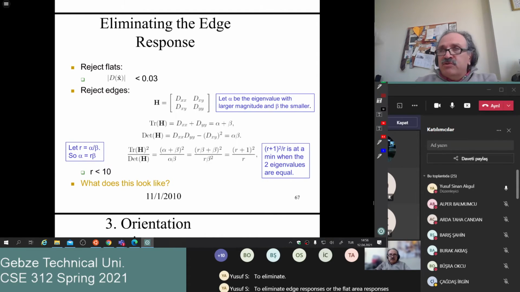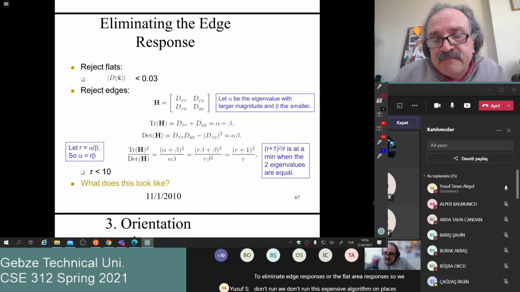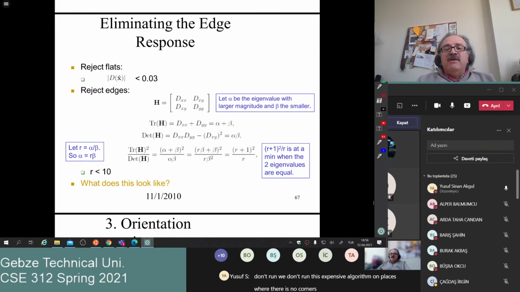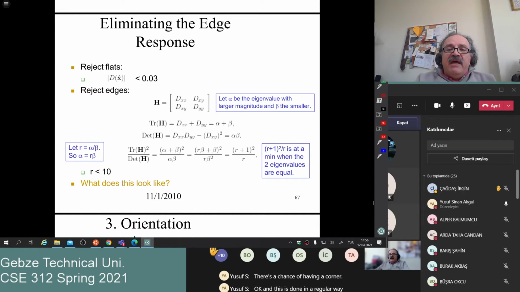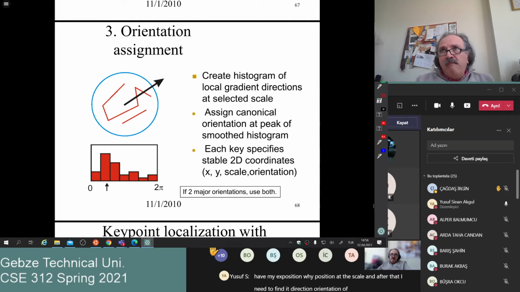So we don't run this expensive algorithm on places where there are no corners. We run this only at places where there is a chance of having a corner, and this is done in a regular way. So at this point now I have my x position, y position, and the scale, and after that I need to find the orientation of the window.